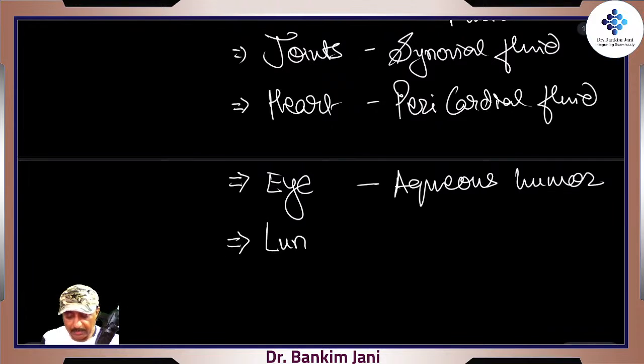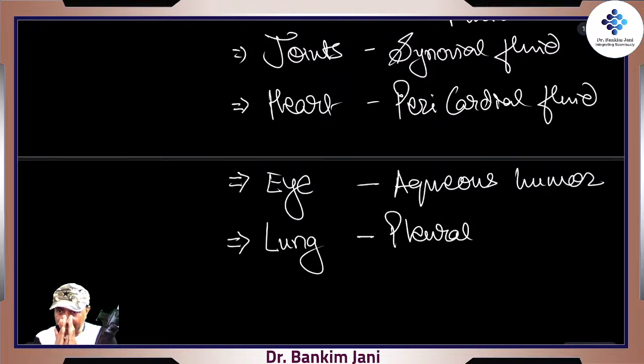Then in case of lungs, the lungs are surrounded by pleural fluid, because of the pleural cavity. In between there is visceral pleura and parietal pleura, and in between there is fluid. That fluid generates pressure, and both layers, with the negative pressure, are attached to each other.